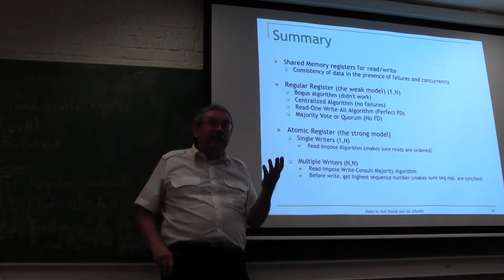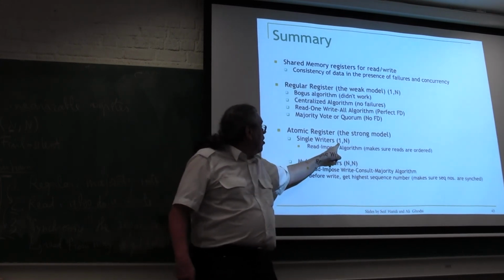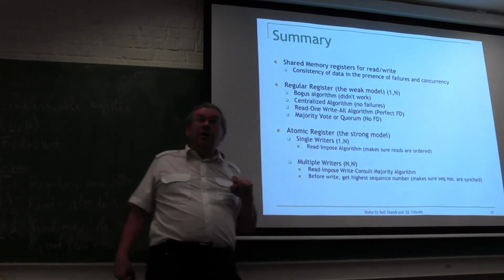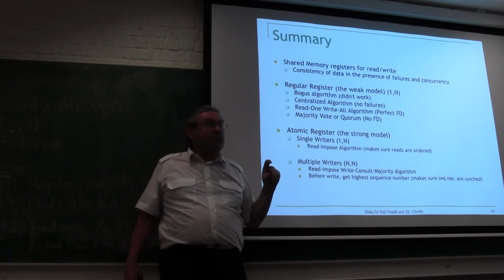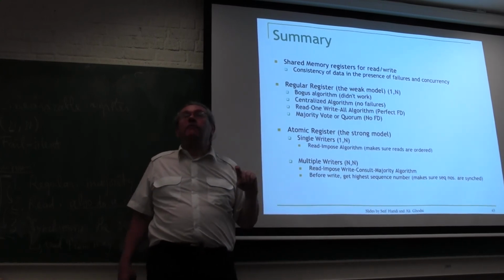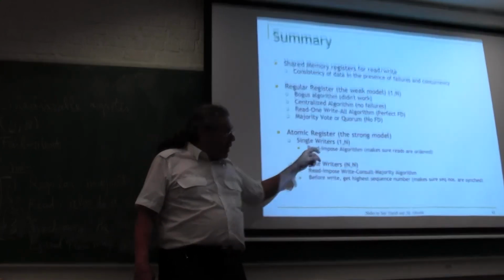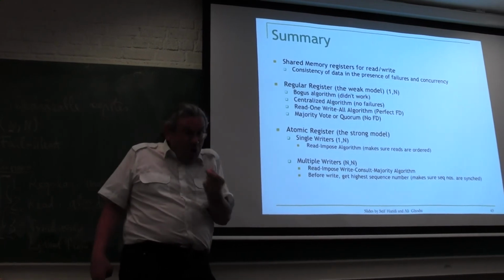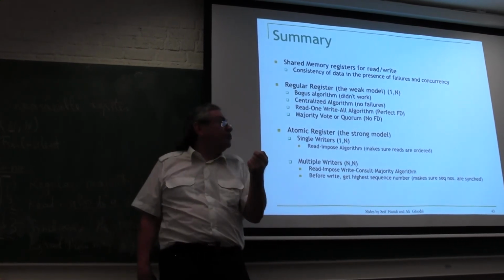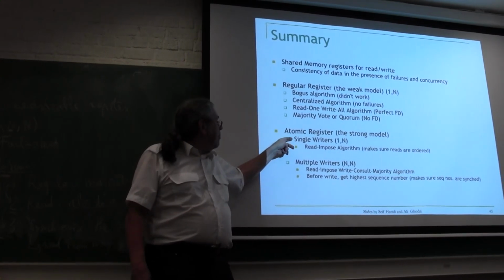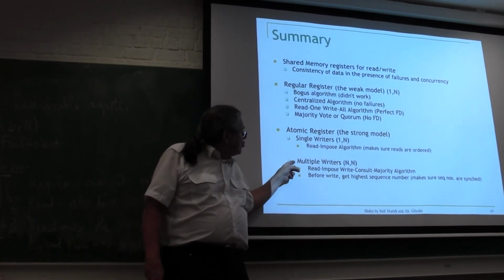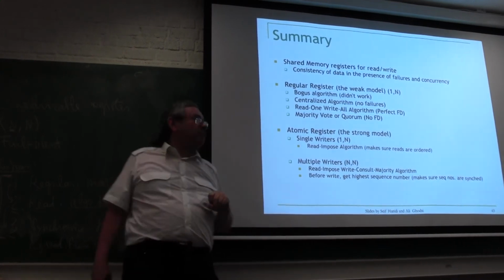But in practice, the 1N model is very often enough. It's not often that you need NN, in fact. Most of the time when you write something, you know who the writer is. I gave you an example from the gaming world, but it's also in other applications. So it's actually rare that you need a true multiple writer, luckily.